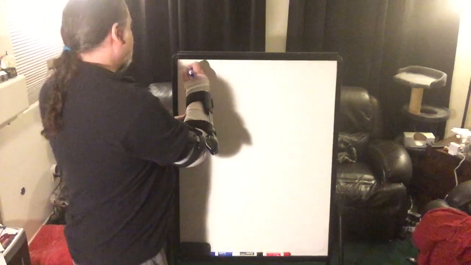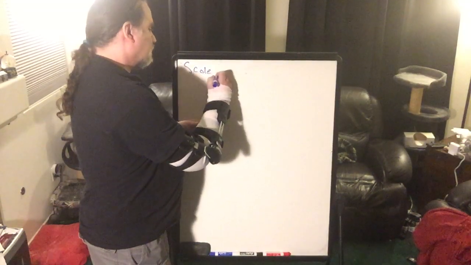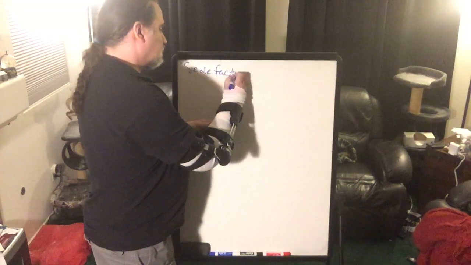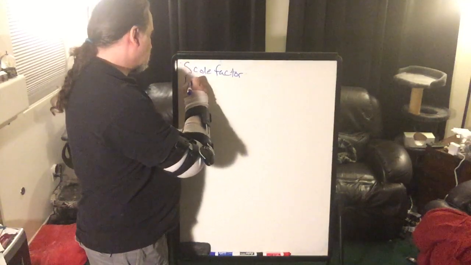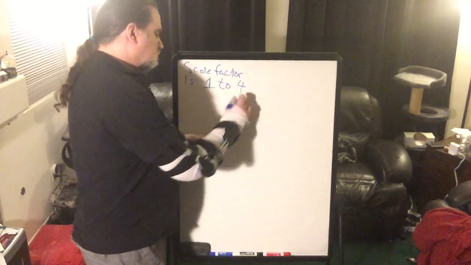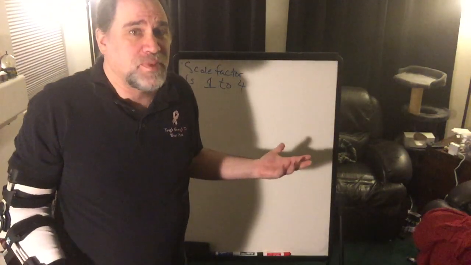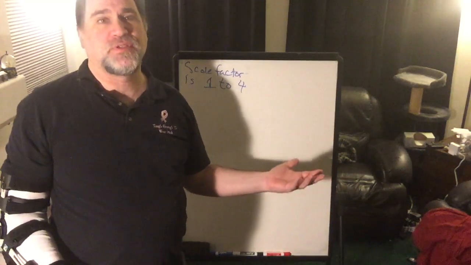So if we have that the scale factor is 1 to 4, it's pretty straightforward. Every one measurement on one is 4 measurements on the other.